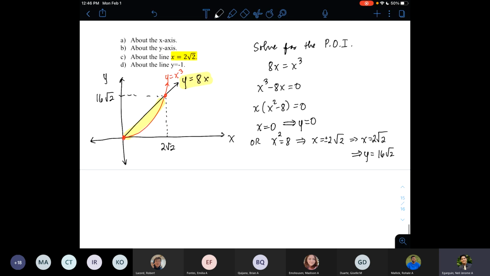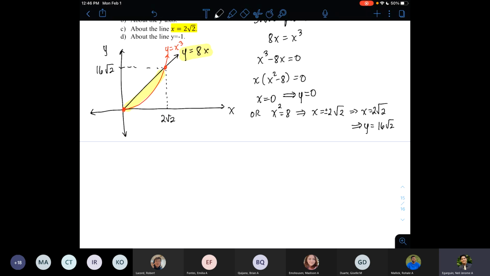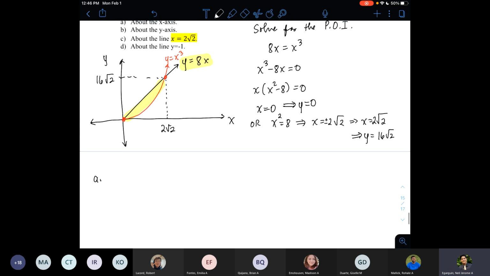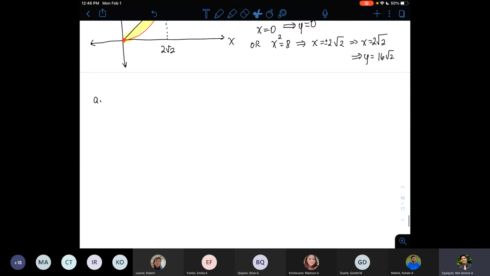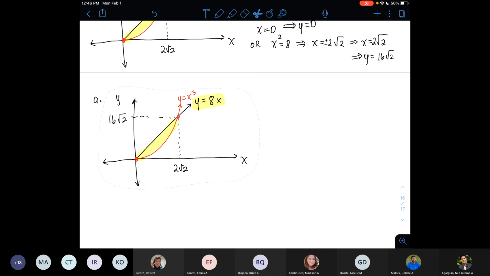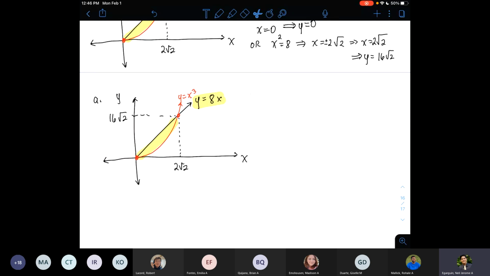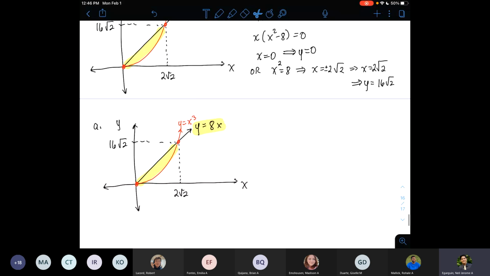Which is important. So we go to problem A. For problem A, we have this region. The AOR is the x-axis.